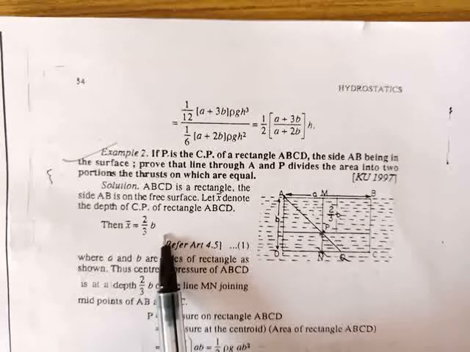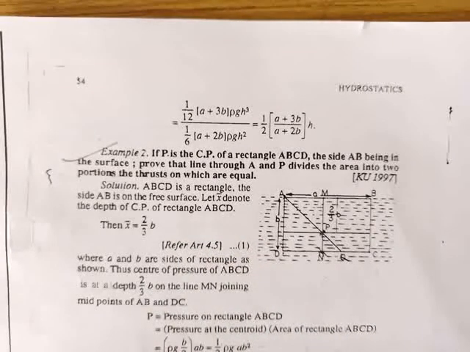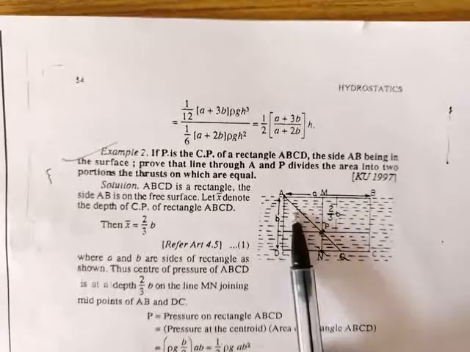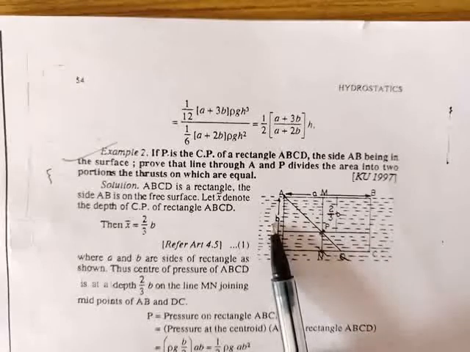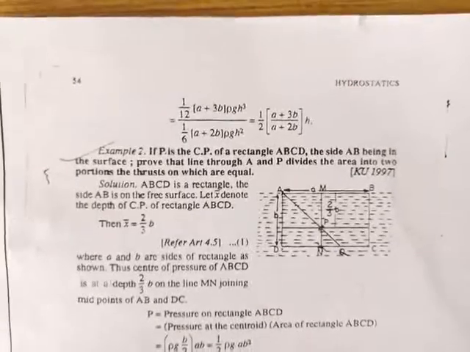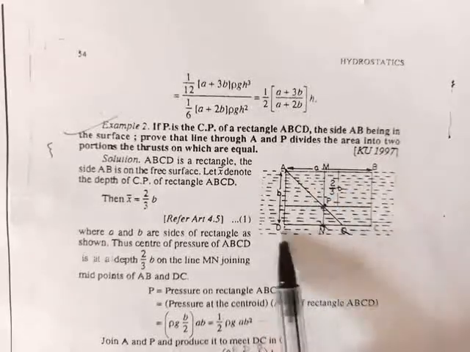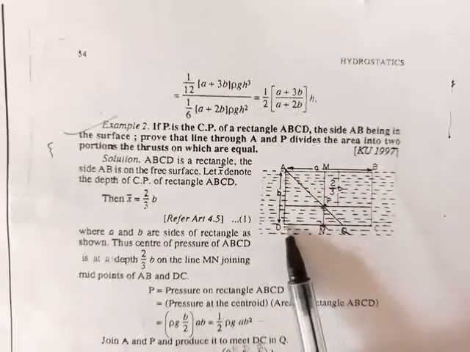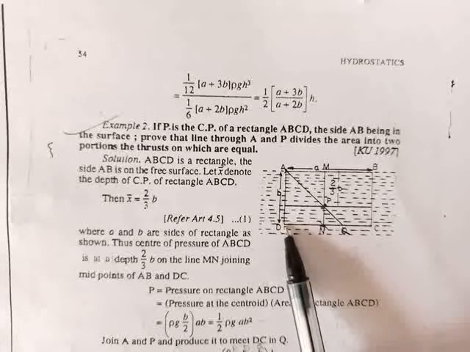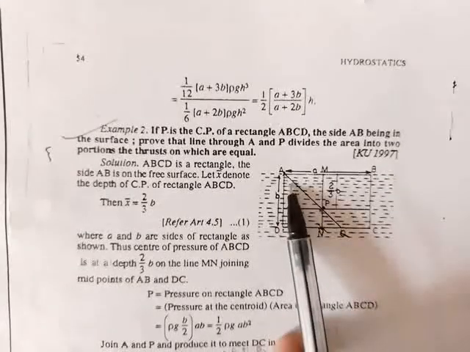Thus, the center of pressure of rectangle ABCD is at the depth 2/3 of b. Now, let us find the thrust on this whole rectangle ABCD by the formula. This is given by pressure at the center of gravity into area of this rectangle.